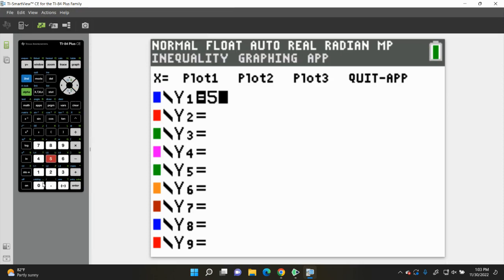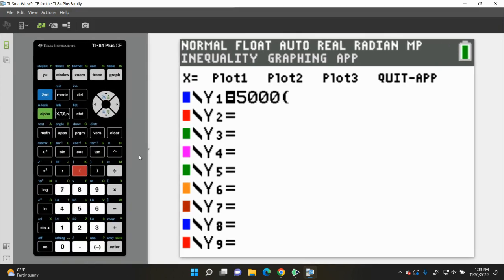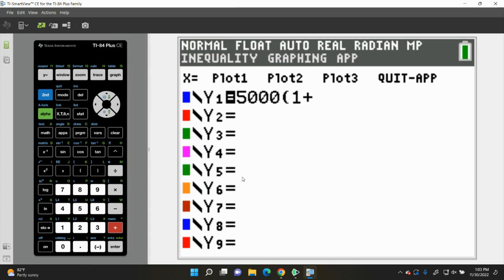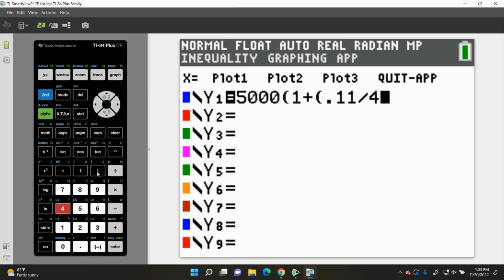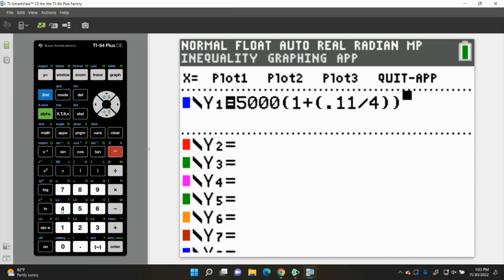Okay, so we've got 5,000. And that's going to be 1 plus 11%. So that's going to be another parenthesis, 0.11 divided by 4 because it's quarterly to the power of 4x, right?